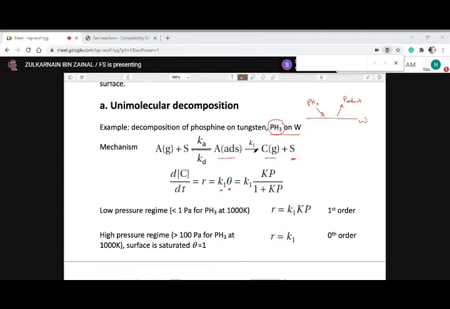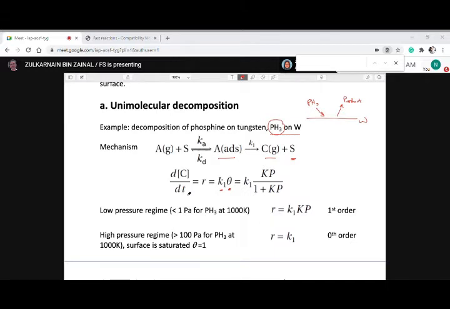If we consider this as three reactions occurring together, K1 is the rate constant for the third reaction. The first reaction is the formation of the adsorbed species, the second is the desorption process, and the third is the formation of the product. So the reaction is related to the formation of the product.